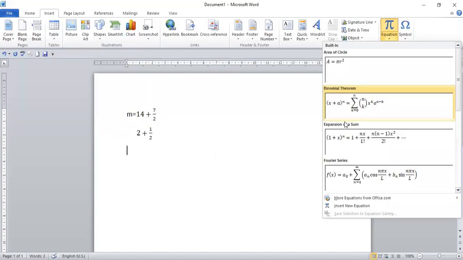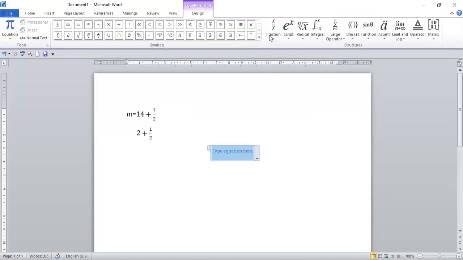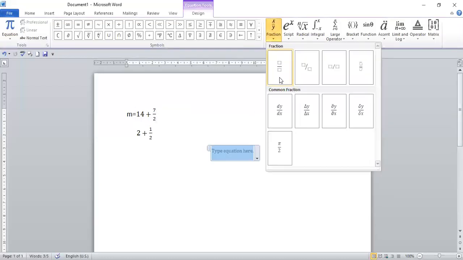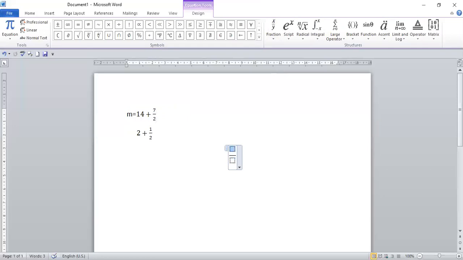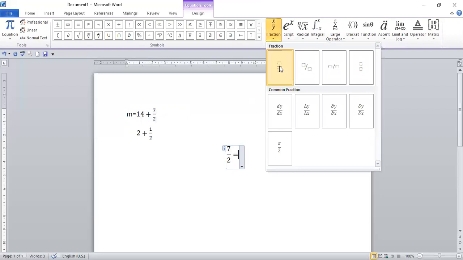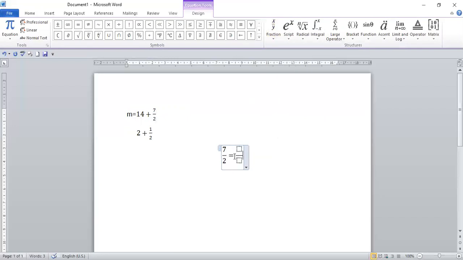Just let me change this into a mixed number. If you divide 7 by 2, you will get the quotient as 3, because 2 threes are 6, and the remainder as 1, and the denominator is 2. So basically this is going to be 3.5.